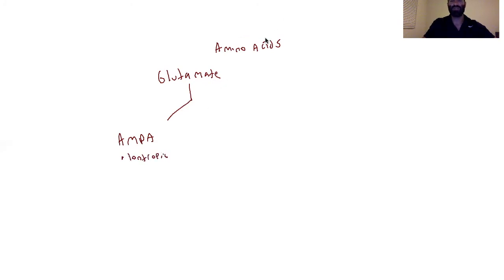And the other isoform is going to be called NMDA. It's also going to be ionotropic, but it's going to be very complex. We'll be talking about these later on.